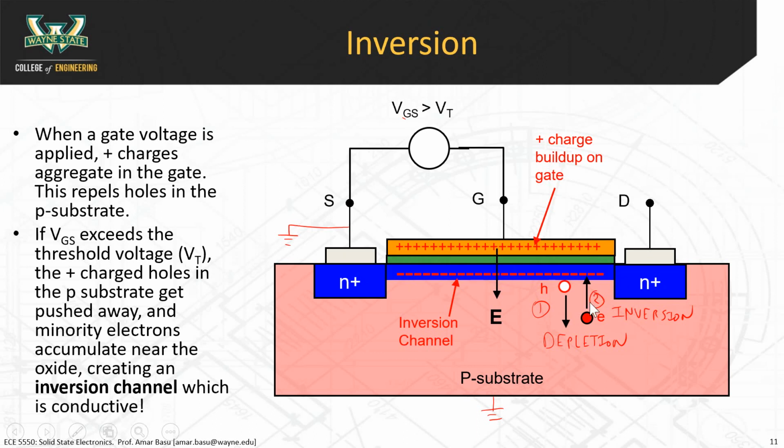But it turns out these negative charges that built up are actually electrons in the P-type substrate, and that creates a conductive channel just underneath the gate. And now you can conduct electricity between the source and the drain. Any questions there? Okay, great. So in order for this to happen, the VGS has to be greater than the threshold.